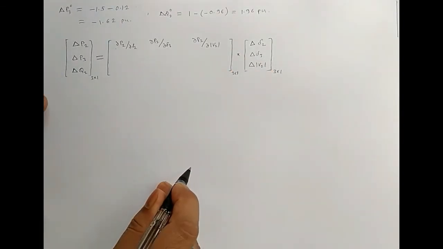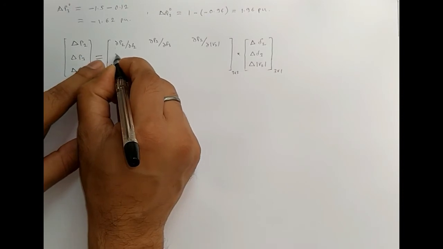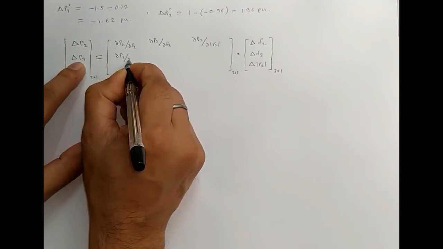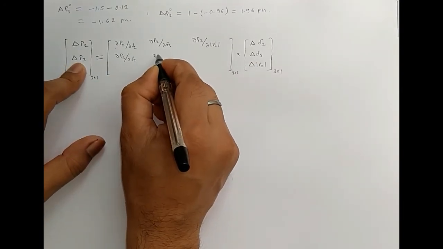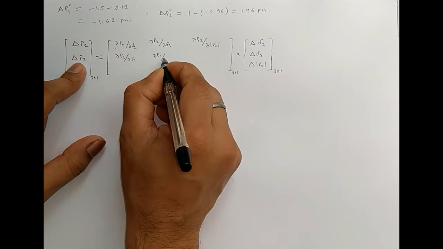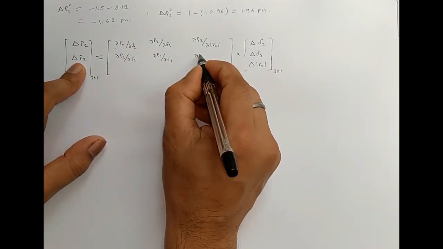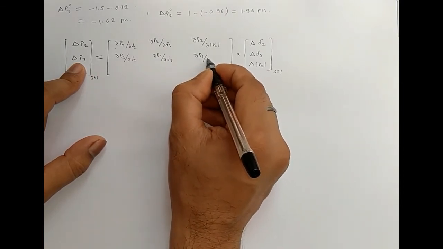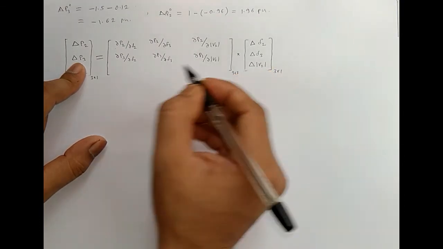In this way we have to form the Jacobian matrix. In the second row, this will be del P3 by del delta 2, del P3 by del delta 3, and del P3 with respect to del mod of V2.